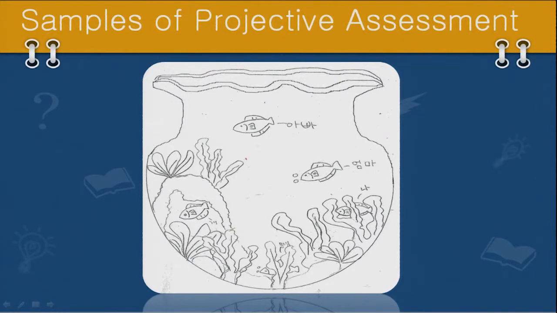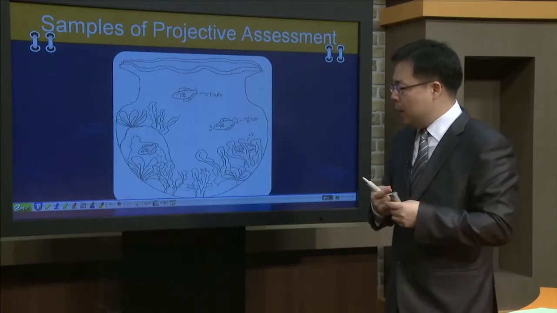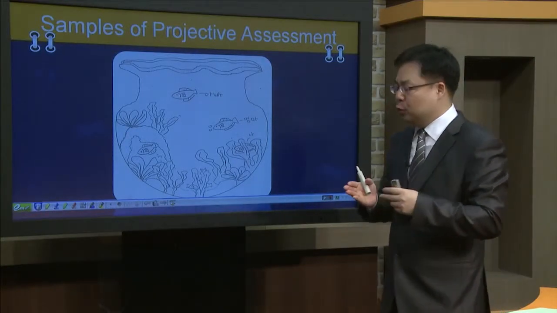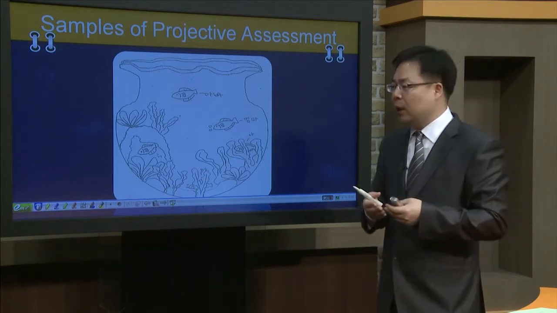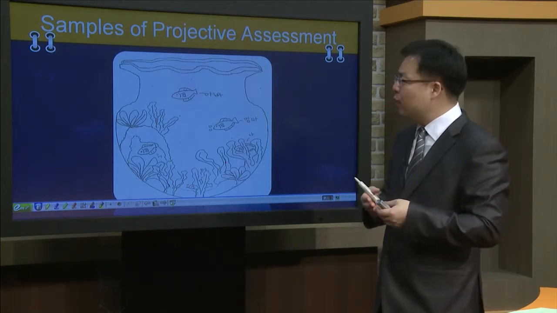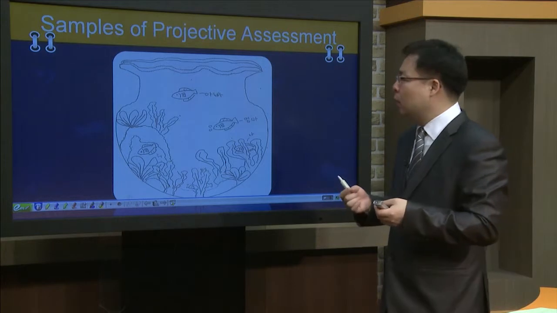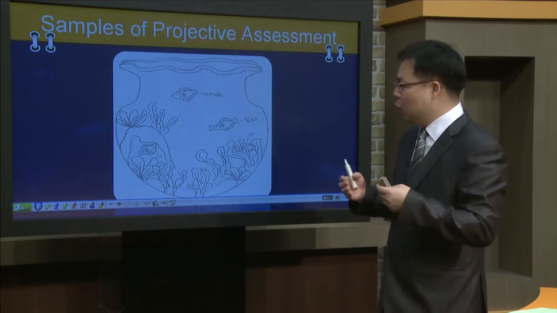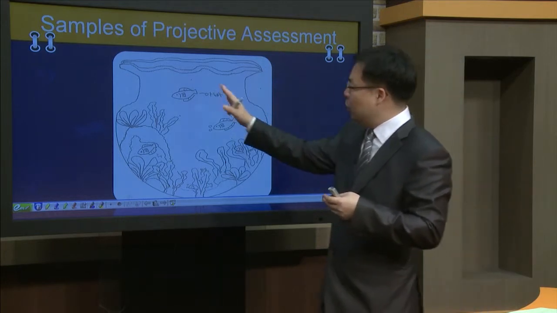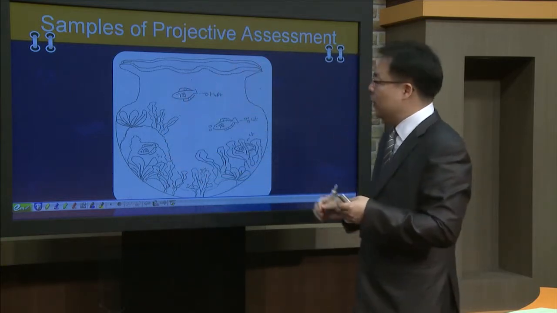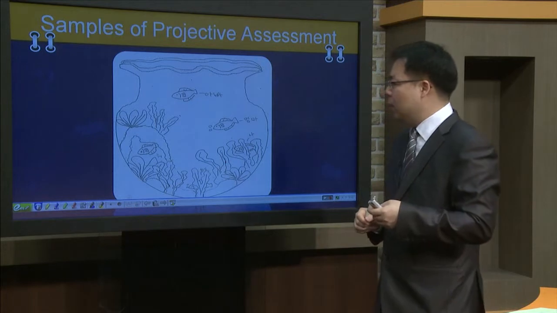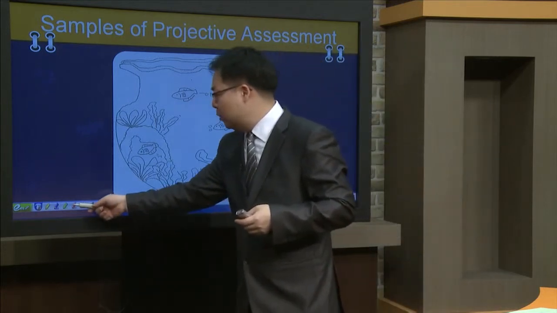It was completed by a 6th grade elementary school student, and the counselor asked the student to express the family. Okay, can you draw your family as fish? The counselor suggested only the framework of the fish bowl, and the student completed the picture.